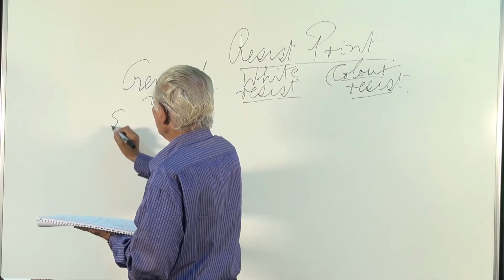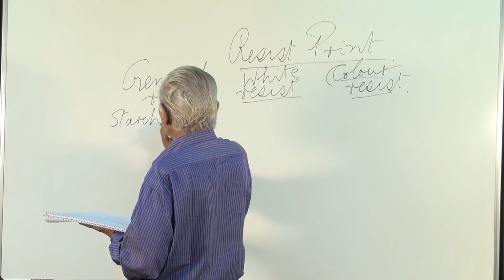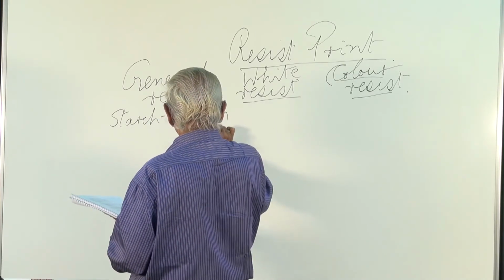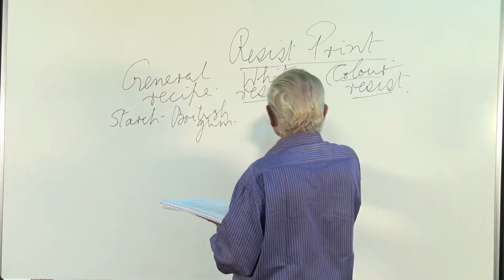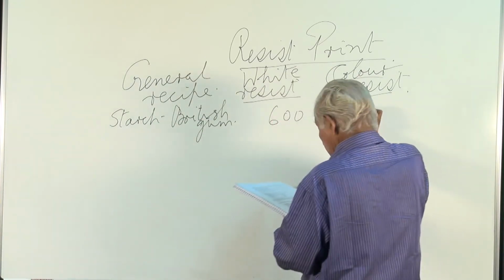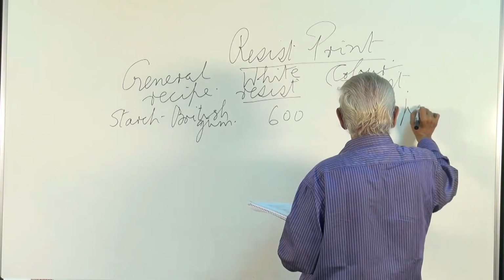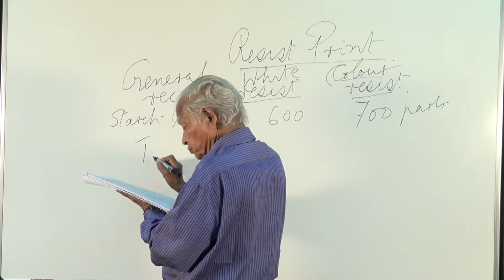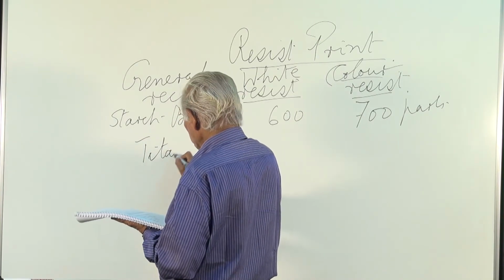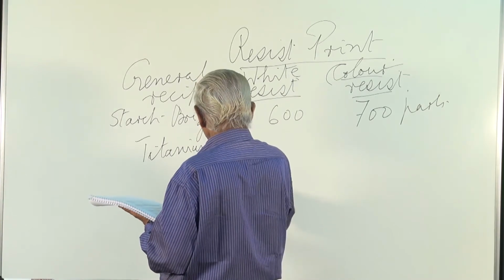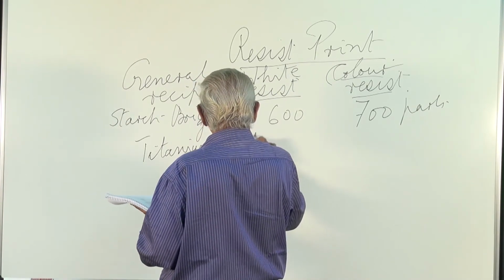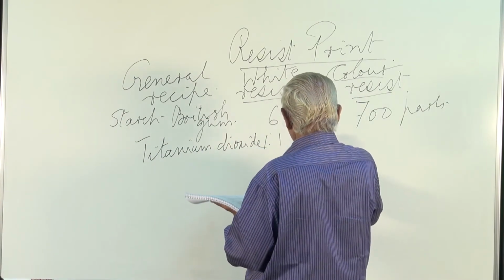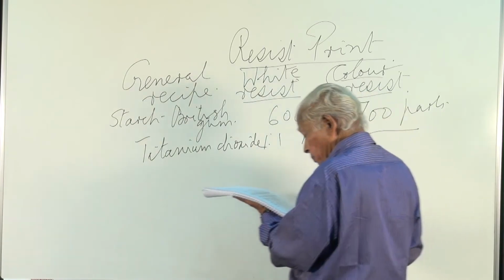Starch British gum (600 parts). Here it is 700 parts. Titanium dioxide. One is to one. 100 parts. Nothing.